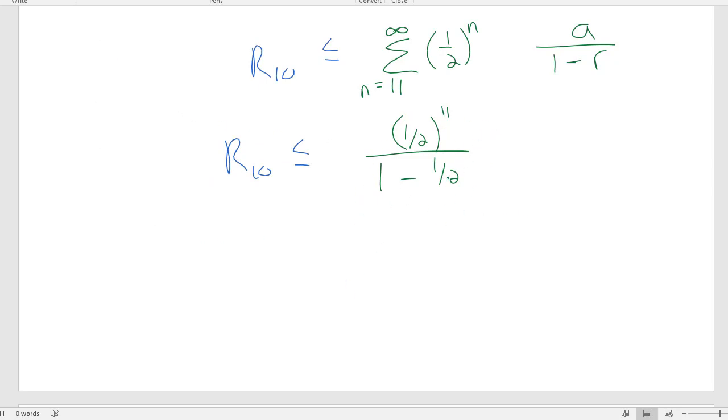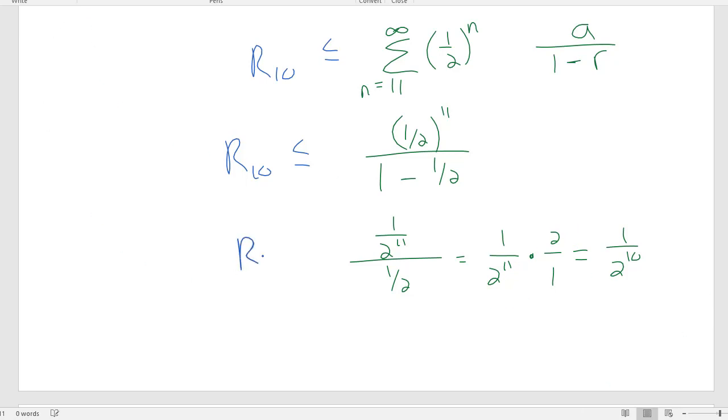Switch back to green. I really have 1 over 2 to the 11th divided by 1 minus 1/2, which is 1/2. And then if I flip and multiply, I'm really getting 1 over 2 to the 10th. The 2 and the 2 to the 11th simplify to 1 over 2 to the 10th.